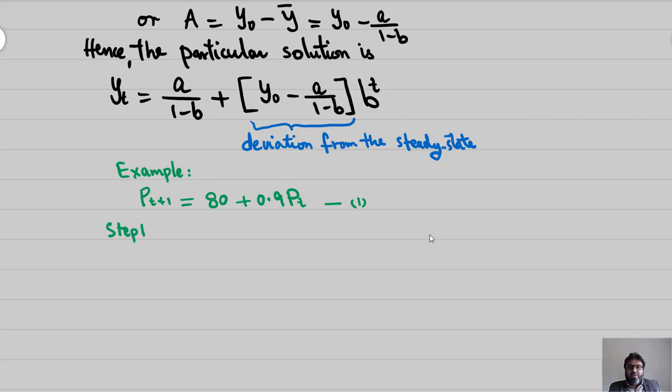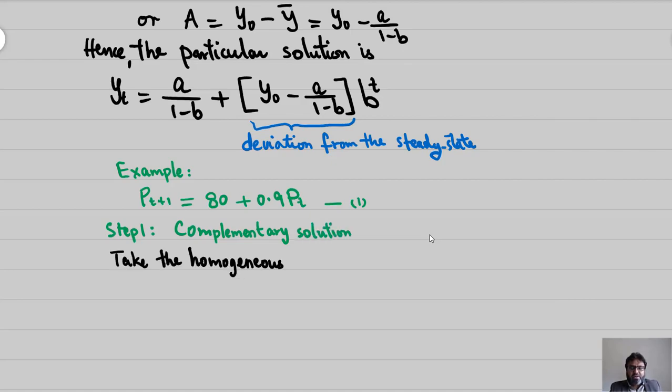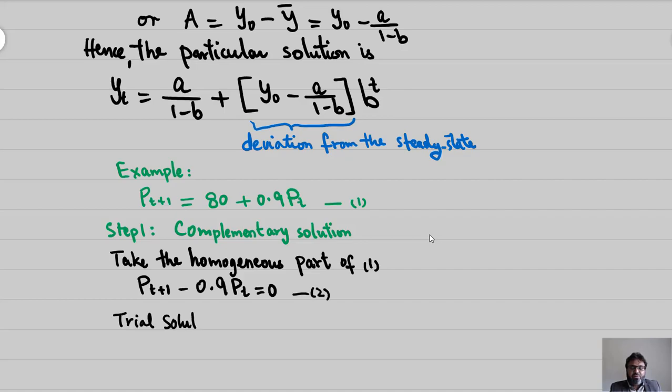So step 1 would be to find the complementary solution. For this, we will be assuming y_t equals A lambda raised to the power t in the homogeneous part of the equation. That means p_{t+1} minus 0.9 p_t equals 0. So this represents the homogeneous part. Then we have a trial solution, p_t equals A lambda raised to the power t.